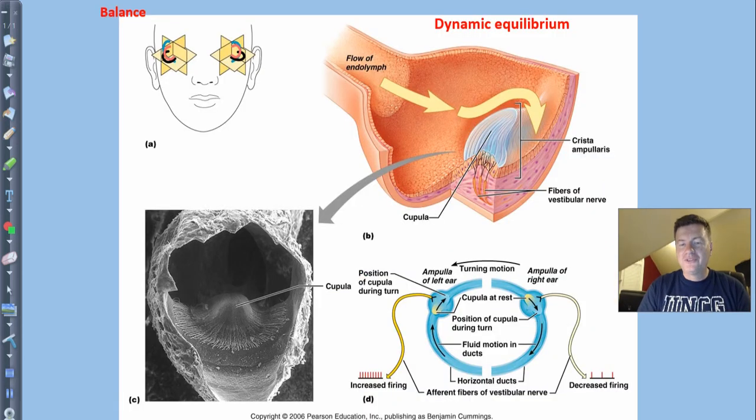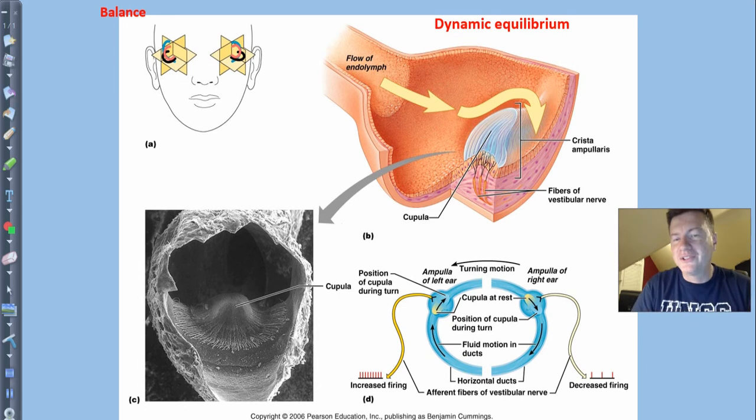The fluid begins to move inside that canal, and begins to push on this cupula, this bundle of receptors which are connected to a vestibular nerve. If you push on it one way, your brain goes, oh, their head must be going this way. If you push on it another way, their head must be going that way.